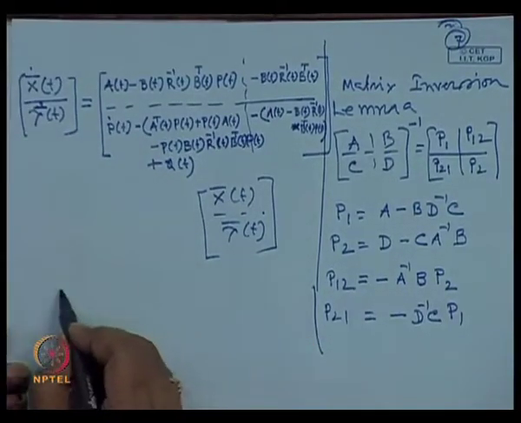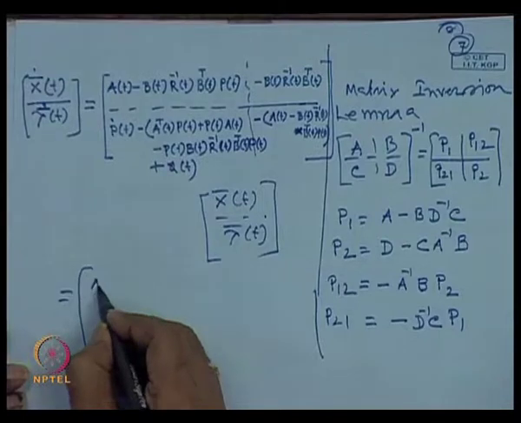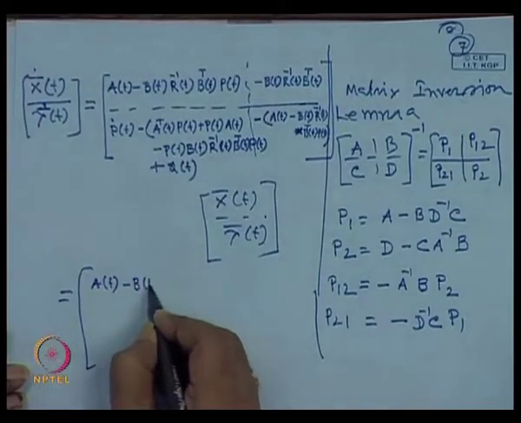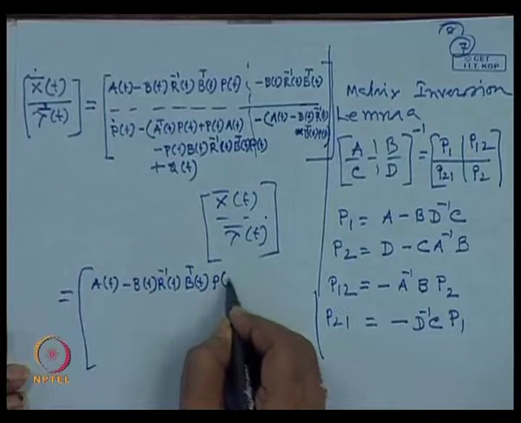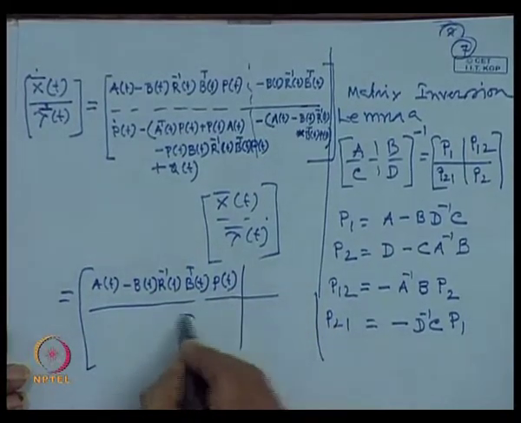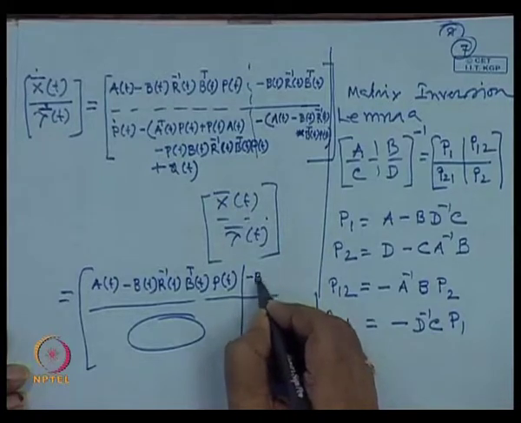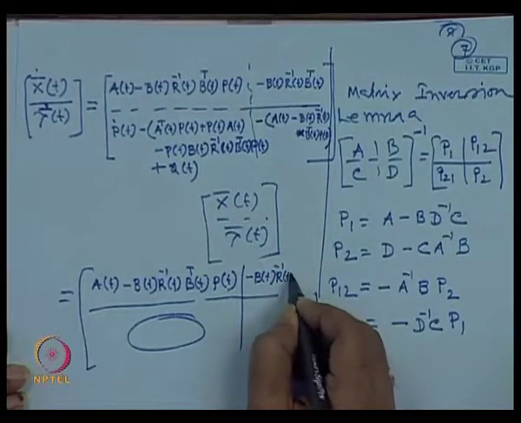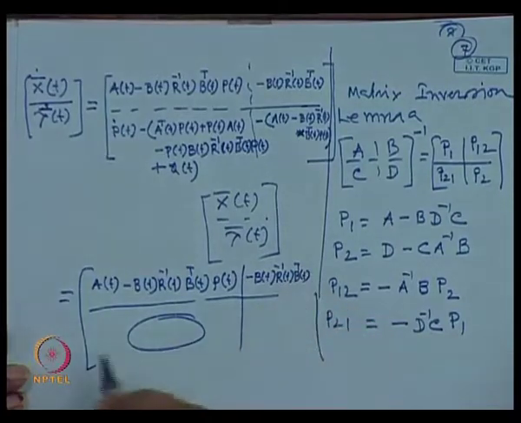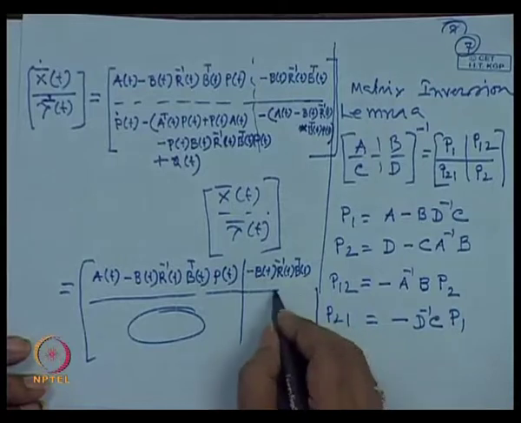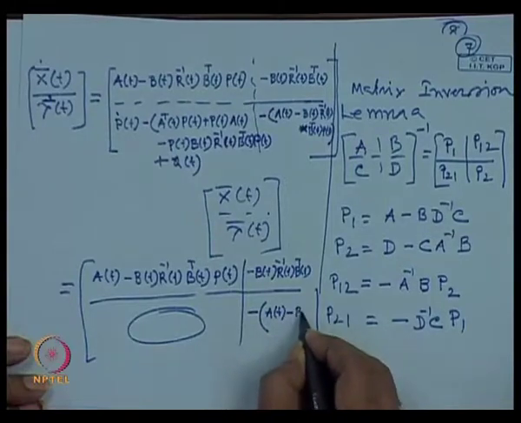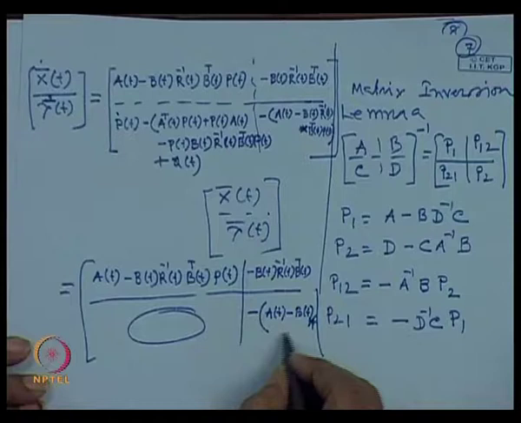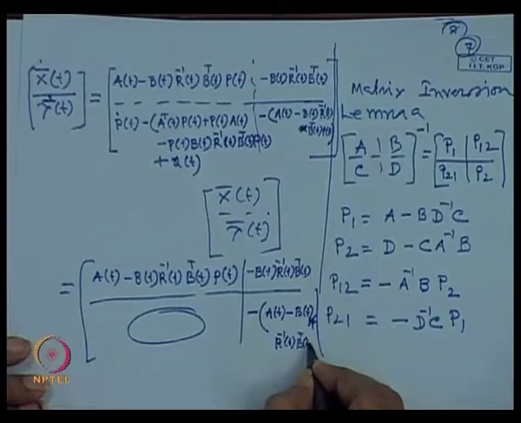So, I can write that A of t minus B of t R inverse of t B transpose of t P of t is 0, and this is B of t R inverse of t B transpose of t, and this one is minus of A of t minus B of t R inverse of t B transpose of t P of t.